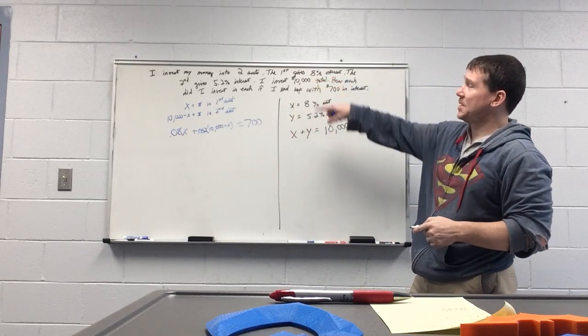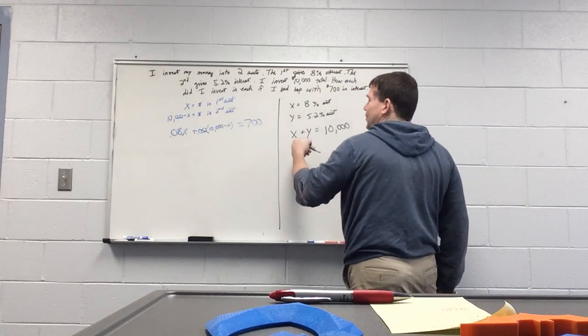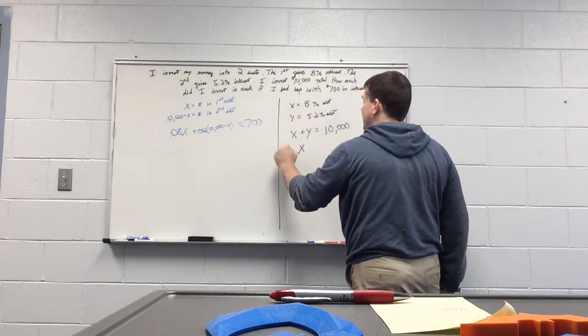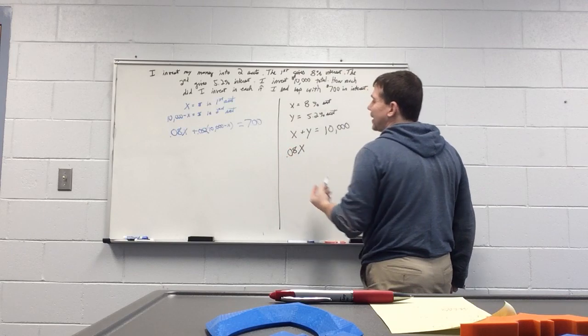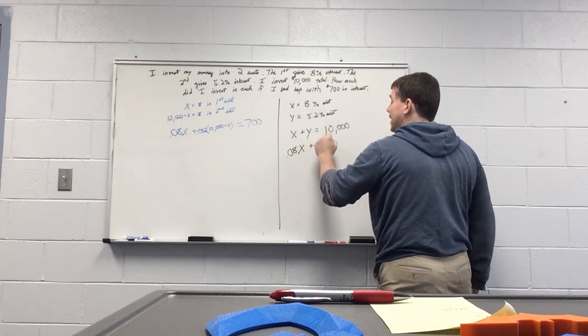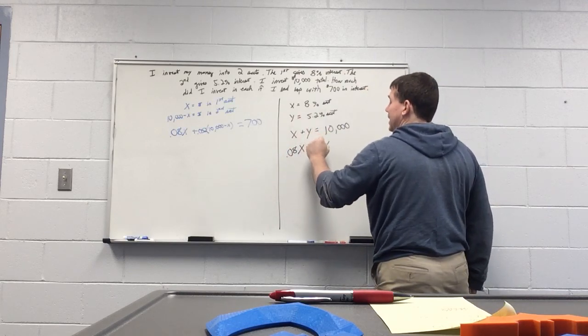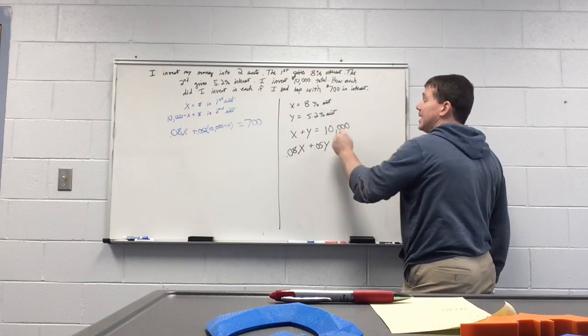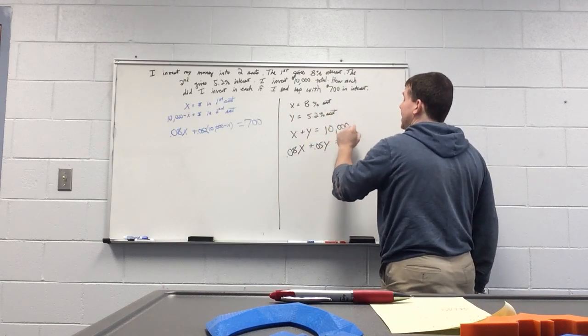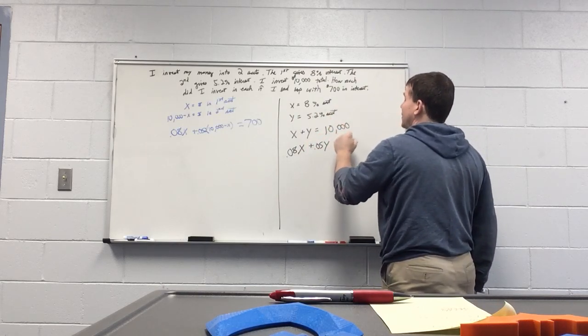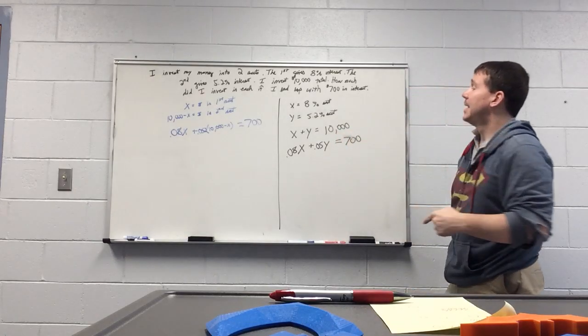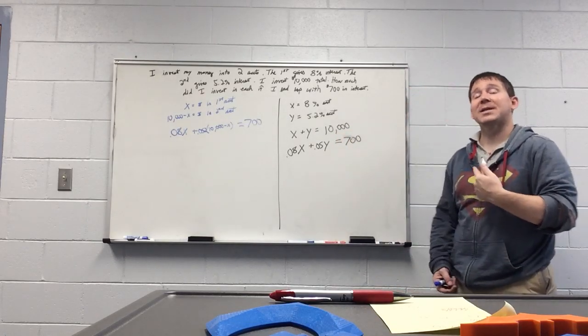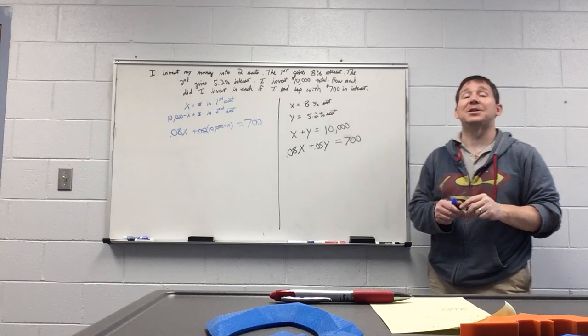And then I have this information about the interest, so the interest in the first account is the principal X times the rate, again, time is 1. Interest from the second account is the principal times the rate times 1. Combined, these have to equal my total interest, which is 700. Now I have 2 equations, 2 unknowns. I can solve that with substitution or elimination.